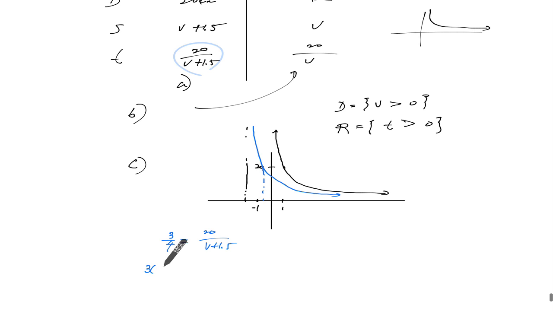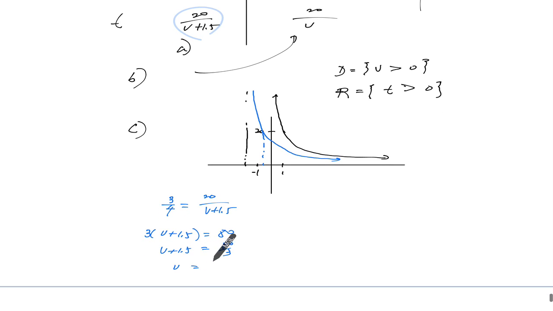Cross multiply, you get 3 times v plus 1.5 equals 80. So v plus 1.5 is 80 over 3. And v will be 80 over 3 minus 3 over 2. That's 160 minus 9 over 6, which is 151 over 6. Roughly 25.17.